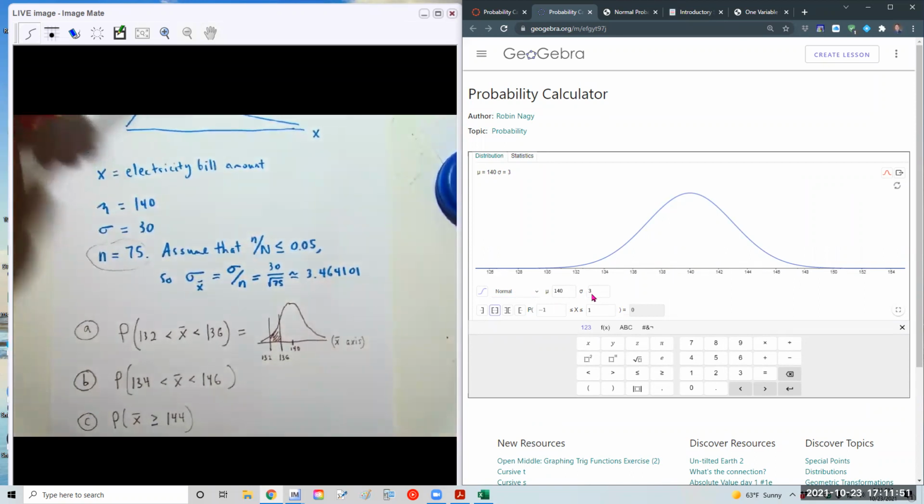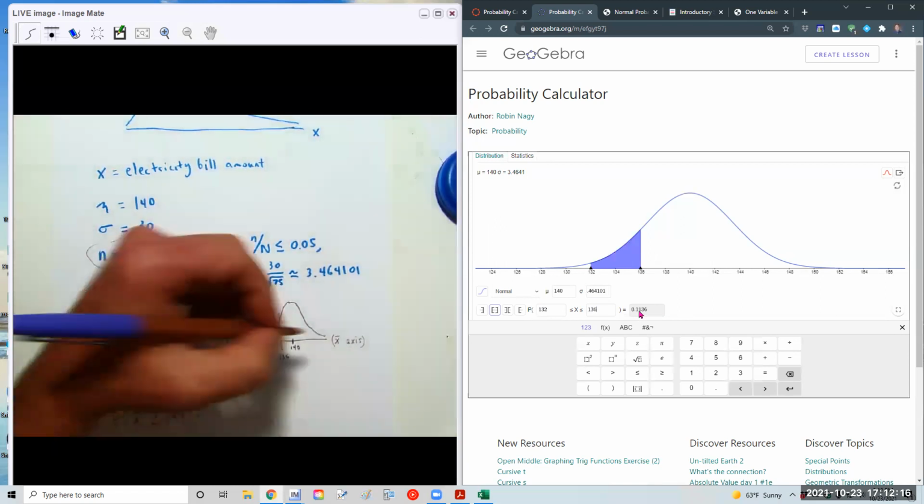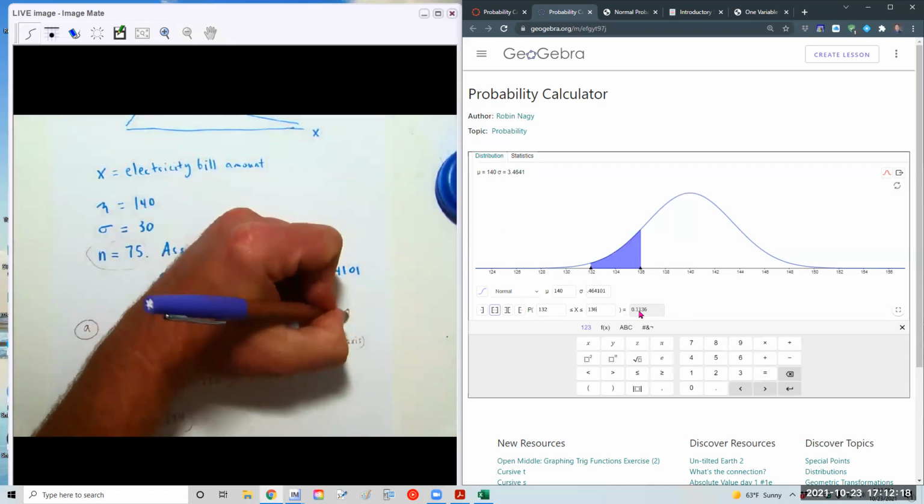So let's put that in, 3.464101. And let's change these numbers for part A to 132 and 136. So there's my shaded area, and then there's my probability. This is about 11%.